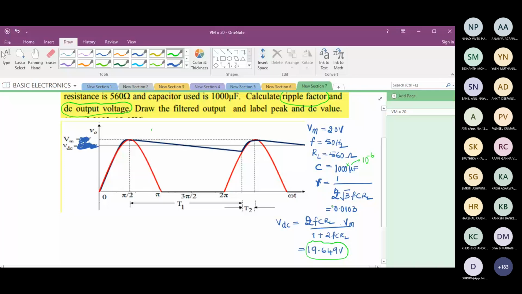This is the answer you're getting. Is it right or wrong? We'll check it here. It's correct, 19.65 VDC. What is wrong in this?